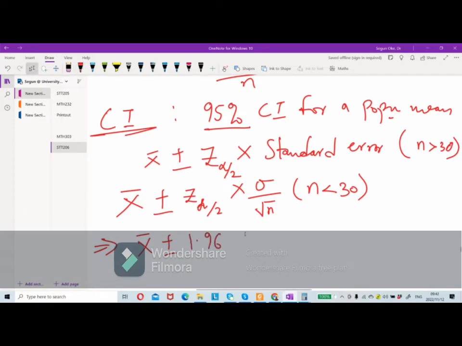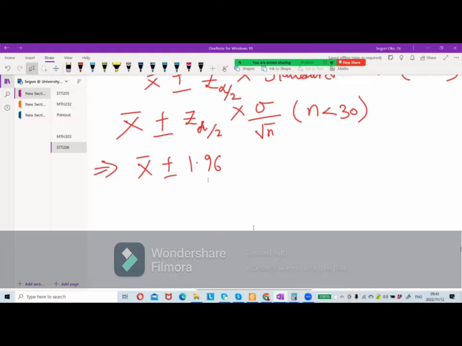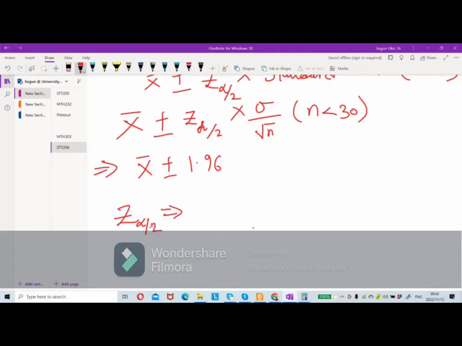How do we get 1.96? The way we get 1.96 is this. Z alpha over 2 in this case, alpha is the same thing as 1 minus 95%. What is it?